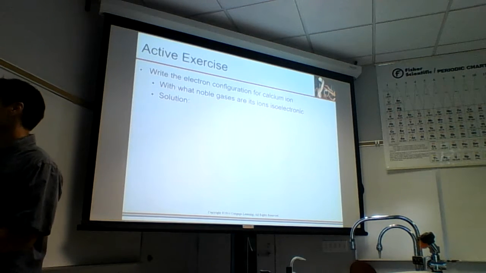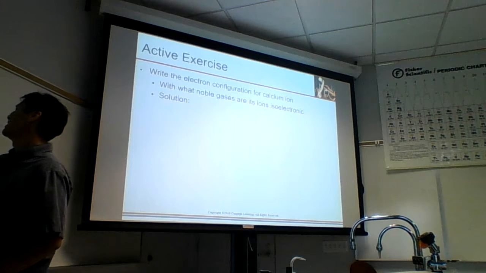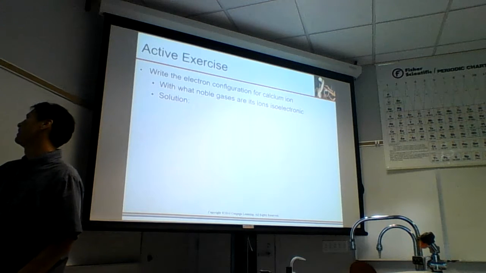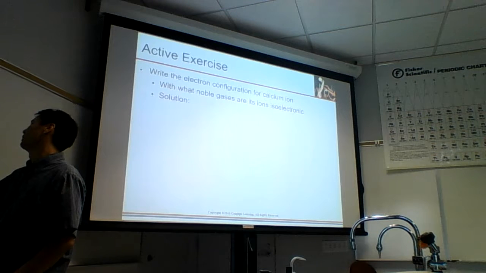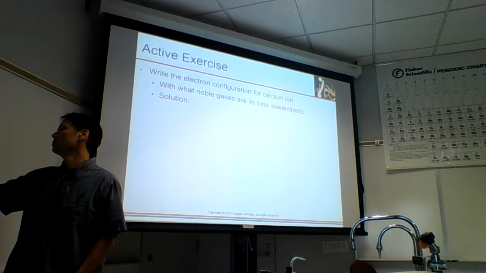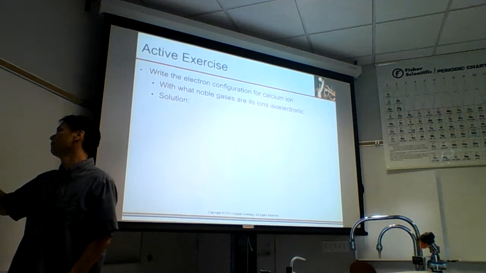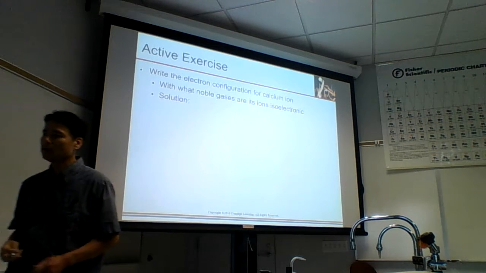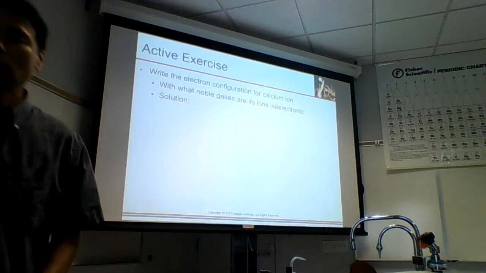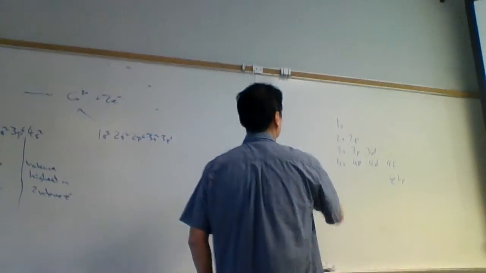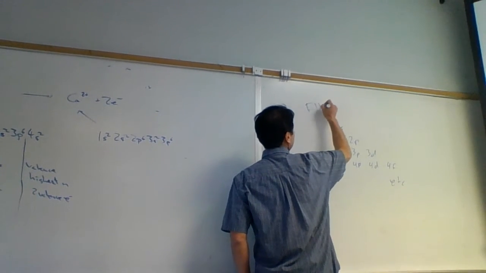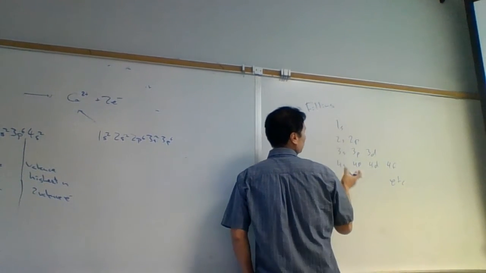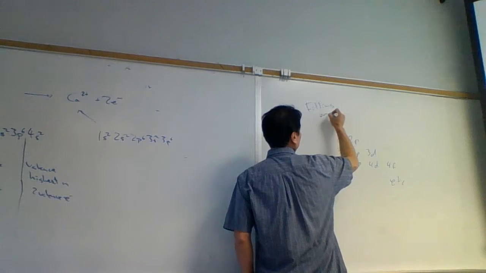The easiest way to memorize it is by drawing this chart like this. This is the filling order for the orbitals. This is not the removal order. The removal order is different.